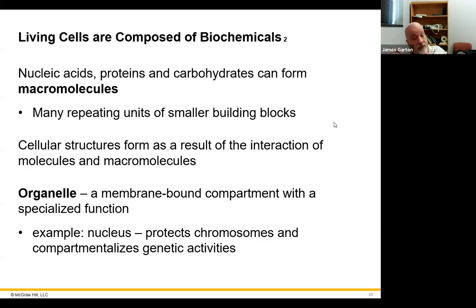Let's say, for example, the nucleus. It has a membrane, a nuclear envelope. Inside the nucleus, there are your chromosomes. At least one of the jobs that your nucleus does is it protects your DNA. It does some other things, but that's basically what it does.